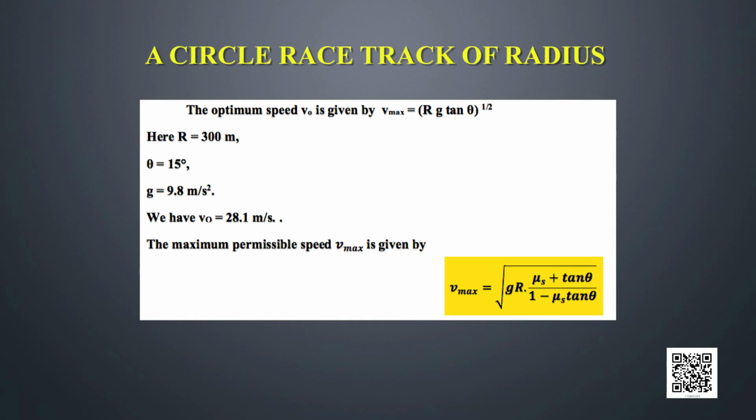Using the known values of the various symbols in the formula, we get the maximum safe speed including the force of friction for centripetal force as 38.1 meter per second. So, for this particular track, if the speed of the car exceeds 38.1, it will be unsafe. Below 38.1 meter per second, the racing car can safely negotiate the curve.